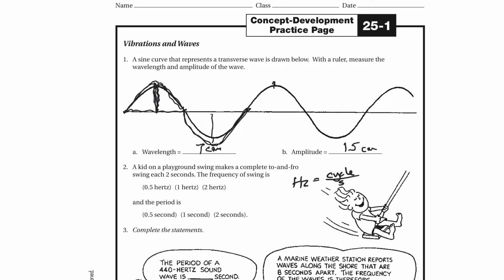So here's a question on hertz. A kid on a playground swing makes a complete to and fro swing each 2 seconds. What is its frequency? Well, if it takes 2 seconds to do 1 cycle, how much do you do in 1 second?